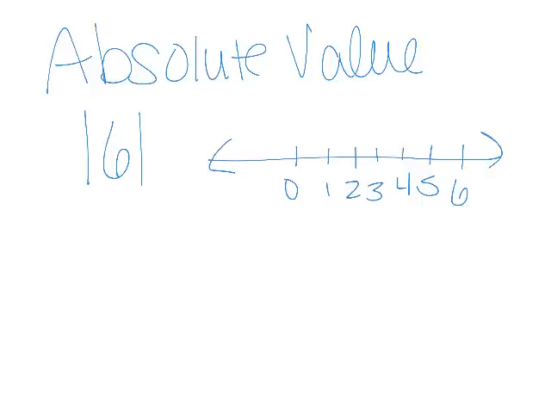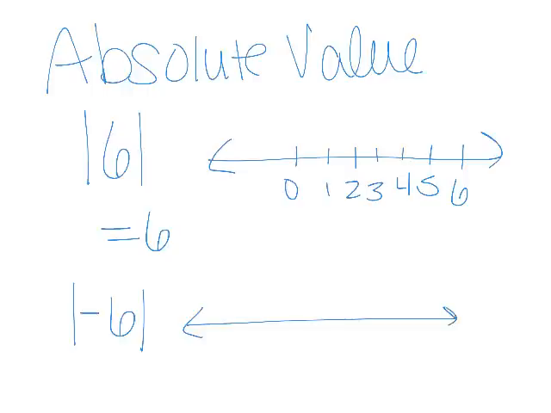How far away from 0 is 6? Yes, it's 6 away, so the absolute value of 6 is equal to 6. What if I did the absolute value of negative 6? Well, we've got the same thing here, only it's on the opposite side of the number line. So the absolute value of negative 6 is also positive 6.